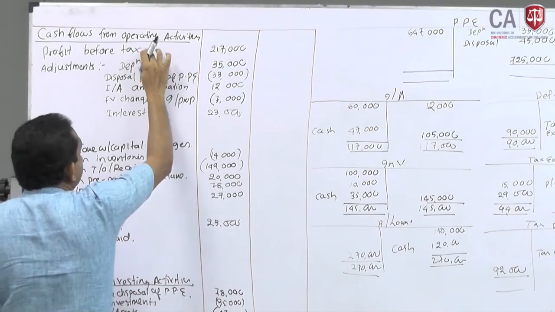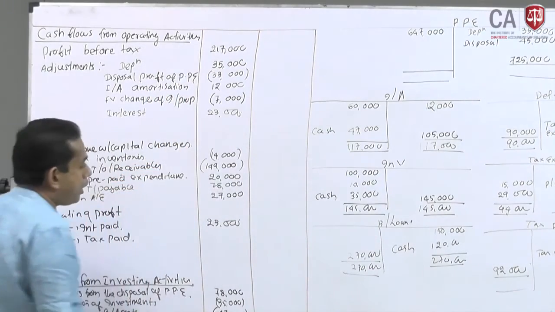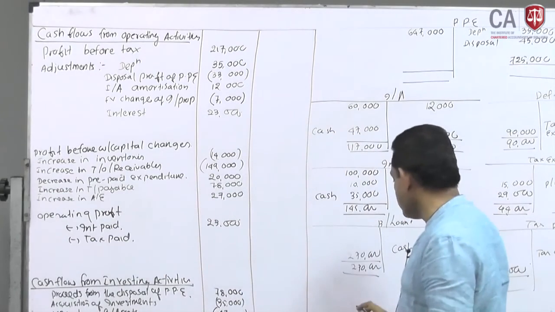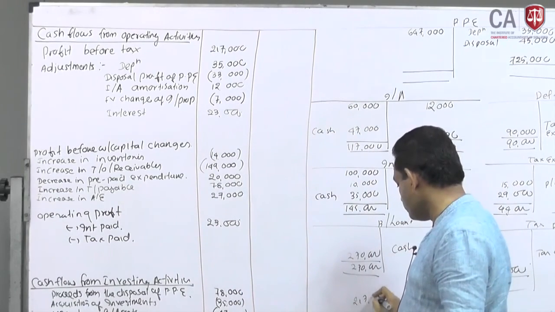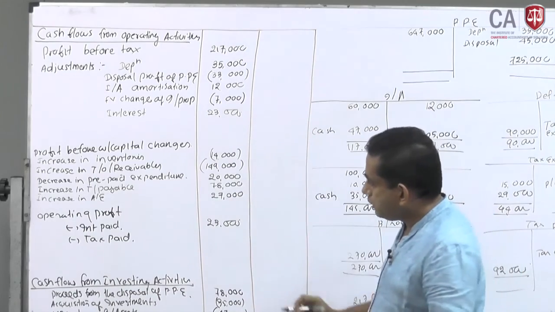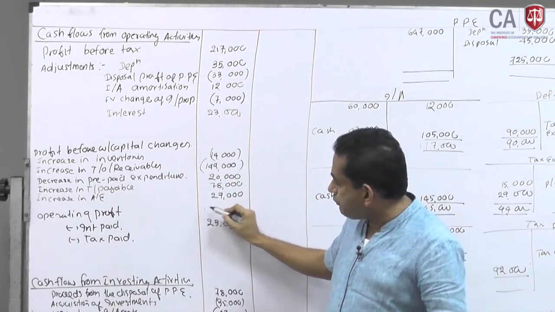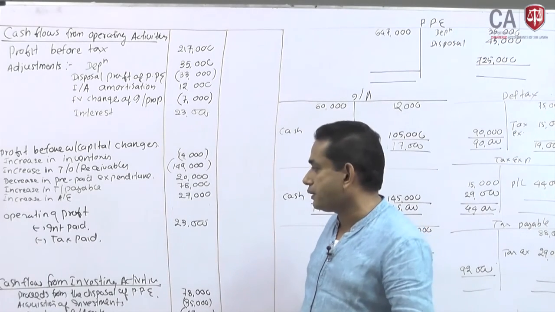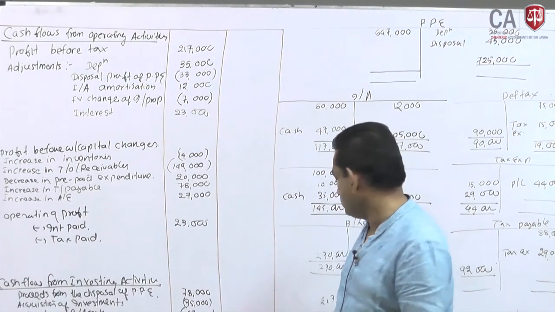what is the profit I have taken here right on top? The profit taken there is the profit before tax, 217,000. And which profit am I supposed to end up at? I am supposed to end up at the operating profit.